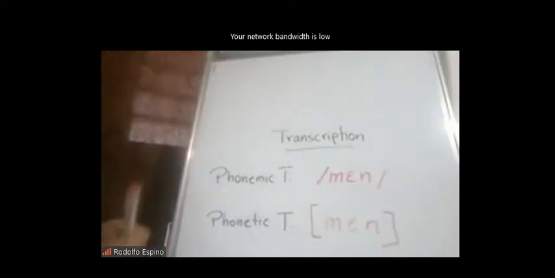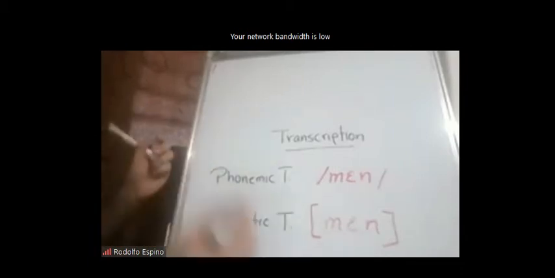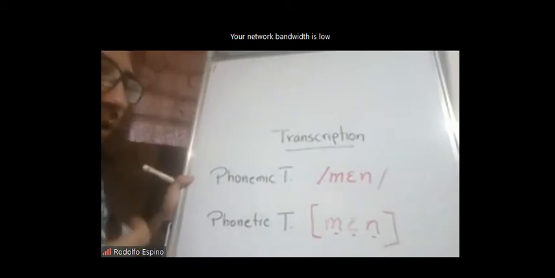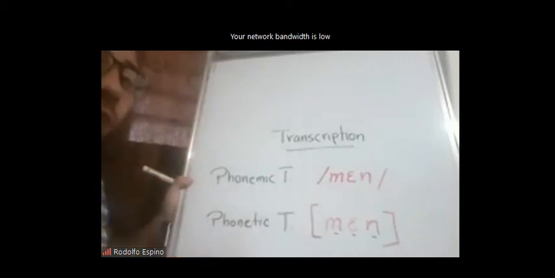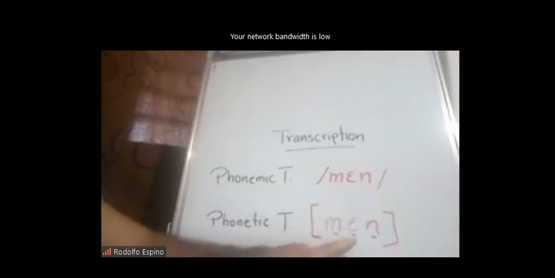So now, in square brackets, you will start analyzing each sound and see if surrounding sounds somehow influence the pronunciation of any of the three sounds that are written already. Okay, so the surrounding sound is e.